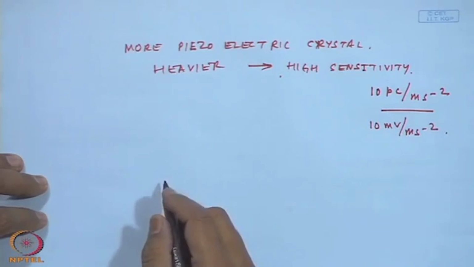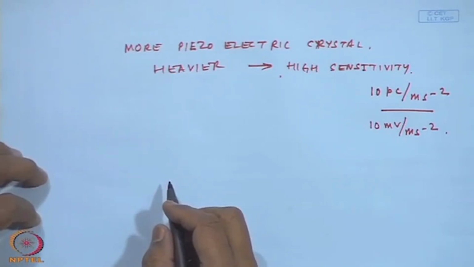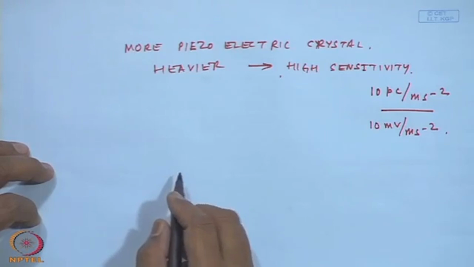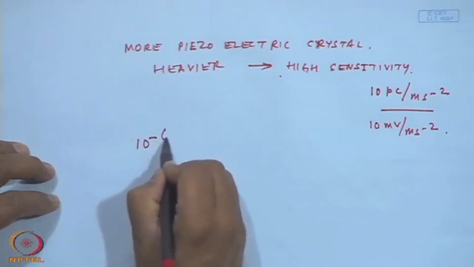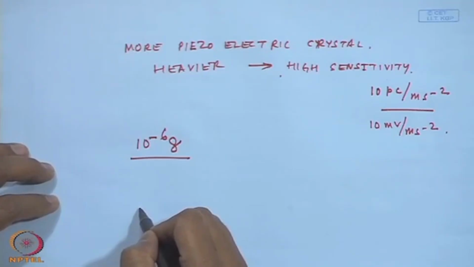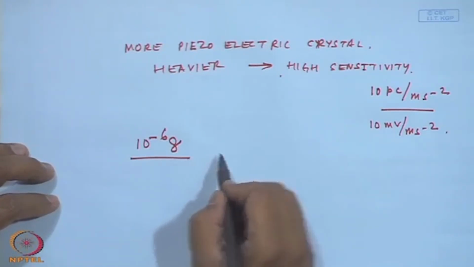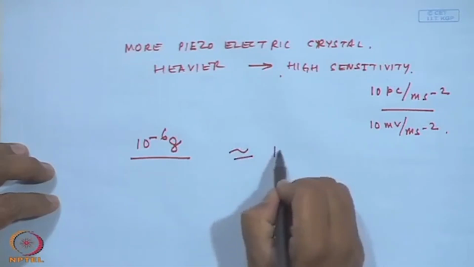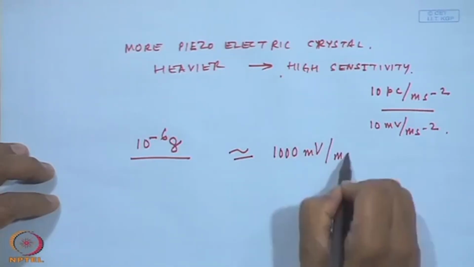Okay. There are accelerometers wherein we have to measure very low levels of acceleration. For example, a floor vibration wherein you have put a tunneling electron microscope or a scanning electron microscope. The vibration level could be about 10 to the power minus 6 G, micro G's, microgravity levels. For such measurements, we have to have maybe transducers having 1000 millivolts or 1 volt per meter per second square.